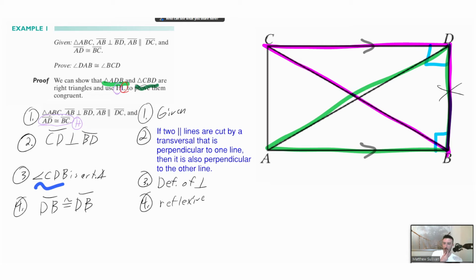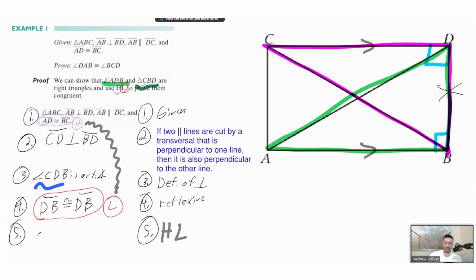Anyway, we already said that we had our pair of sides that were equal, that were both hypotenuses, but now we've got our pair of sides that are equal, even though it's itself, that are legs. So we now have our H and our L. Therefore, we can use that as the reason for the statement.